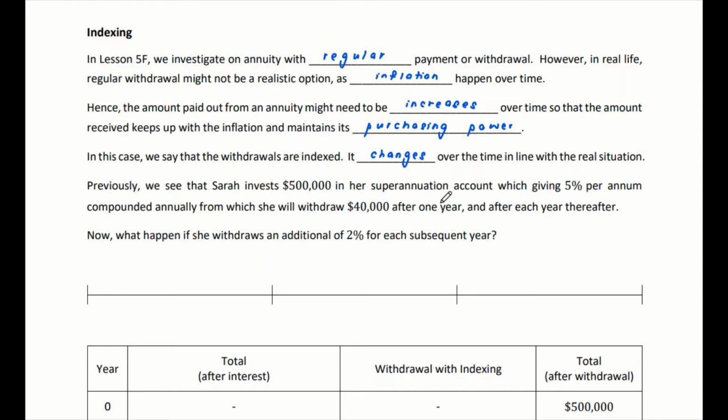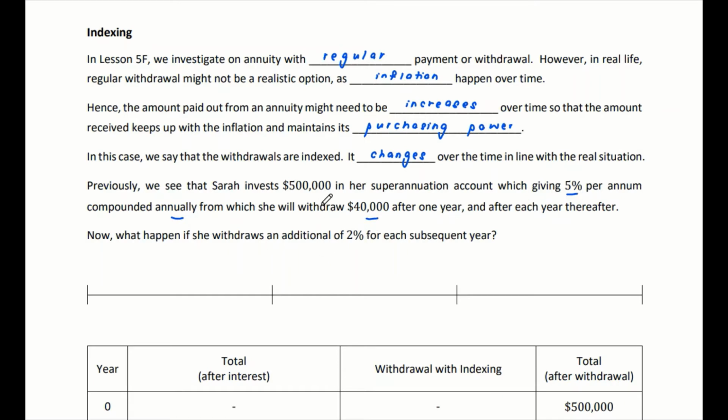Now we are going to look at exactly the same situation as our previous lesson, where Sarah invests 500,000 in her superannuation account, which gives 5% per annum compounded annually. She will withdraw 40,000 after 1 year and after every year.